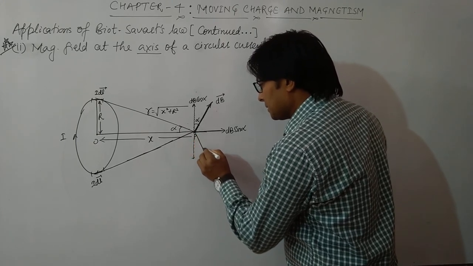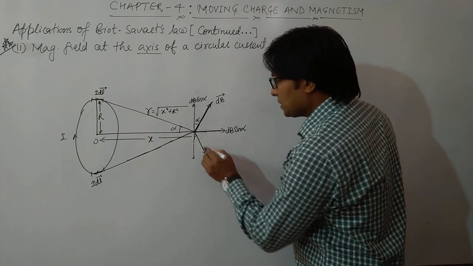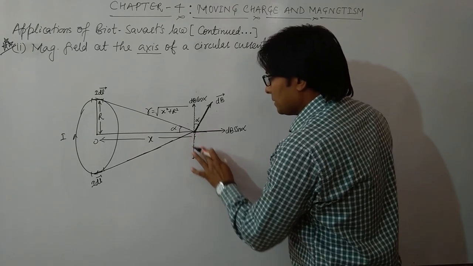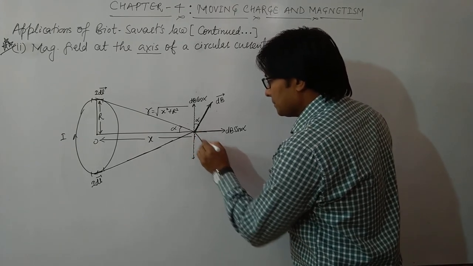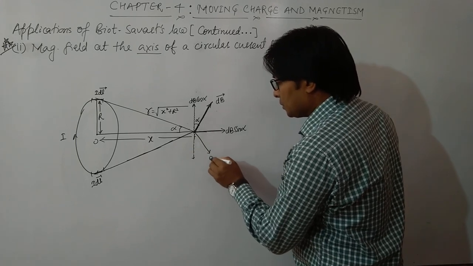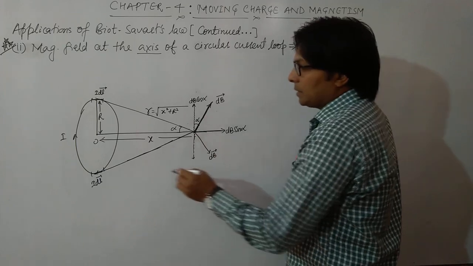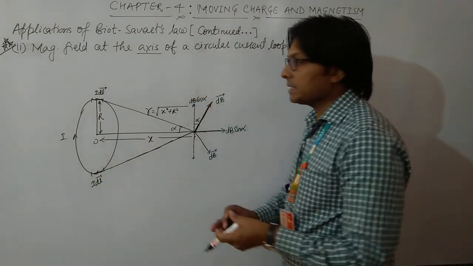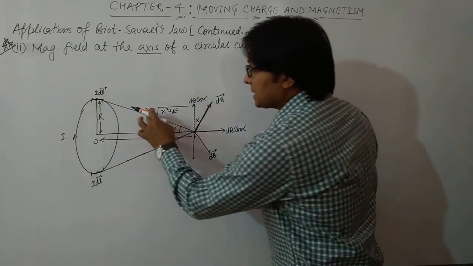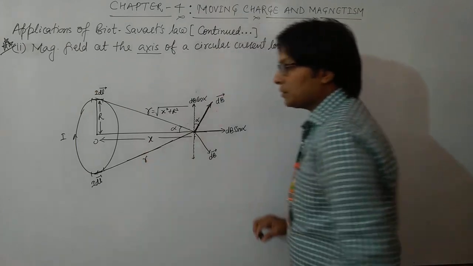This will also be dB, because we have taken the idl vector the same as here, and this distance r is exactly equal to r.